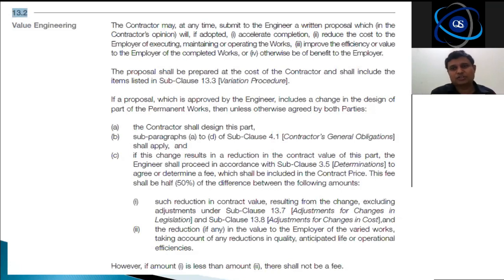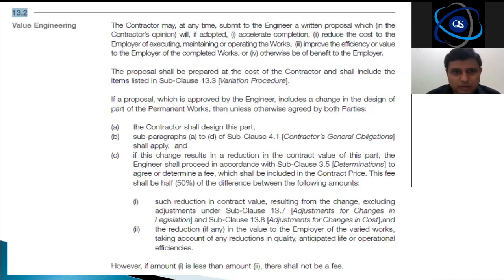In the previous version, if in the engineer's opinion he gave an instruction, there was no way the contractor could object to that. Luckily, now in the 99, 2000 and 17 versions, there are objections to variations as well. Anyway, I'm not sidetracking here, because this is very related to this particular thing that we need to discuss. Okay.